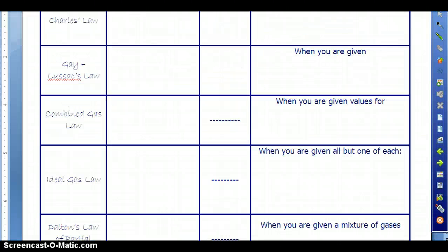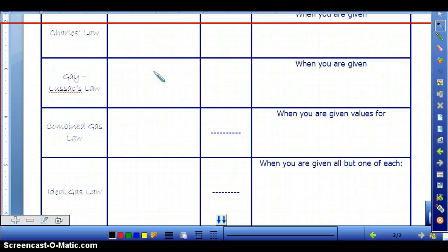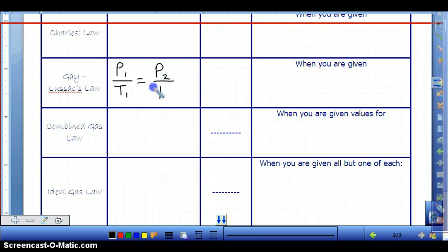All right, so I just got our worksheet moved down, and now we can see Gay-Lussac's law. Gay-Lussac's law involves pressure and temperature. You see that the arrangement of your variables looks similar to Charles' law, because pressure and temperature are related directly, just like volume and temperature were.